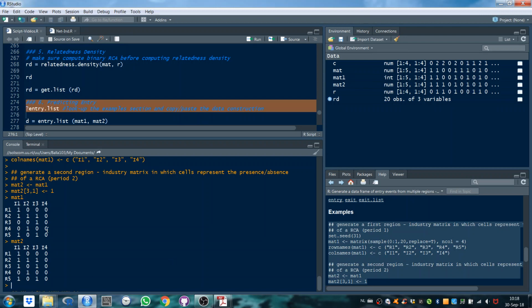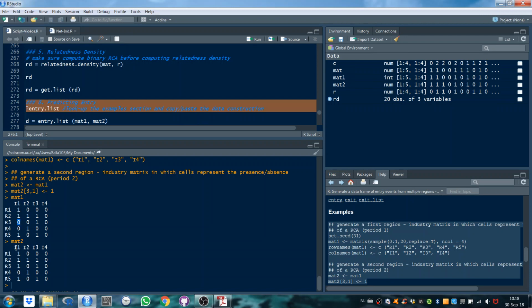Now, let's look at these matrices a little bit more in detail. If we look at this, we see that in time t, region 3 is not specialized in industry 1, or customer 3 hasn't yet bought product 1.